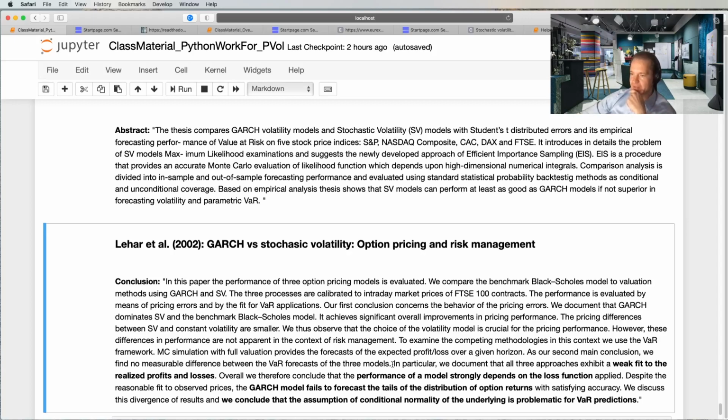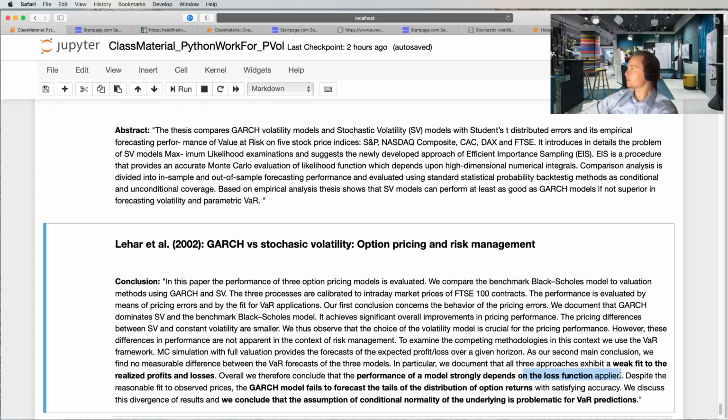So we will talk about options. So in particular, we document that all 3 approaches exhibit a weak fit to the realized profit and loss. Weak, yeah, so they don't have a good fit. So they underestimate risks, it seems. Overall, we conclude that the performance of the model depends on the loss function you apply.